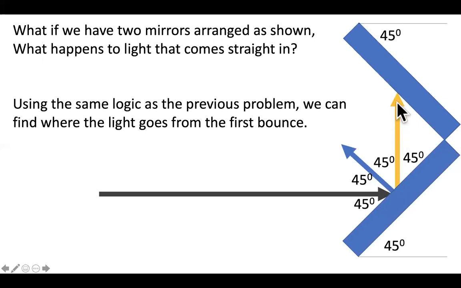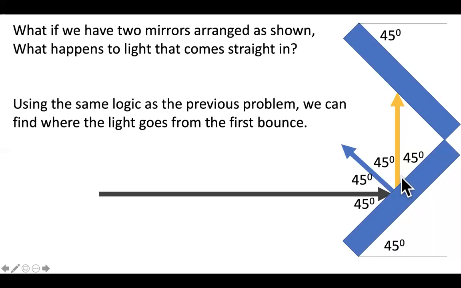Okay, that's cool. But now we have to figure out what happens here. Now the light's going to bounce off this and go in some direction. What direction is that? Well, again, we have to figure out what is the new incidence angle.